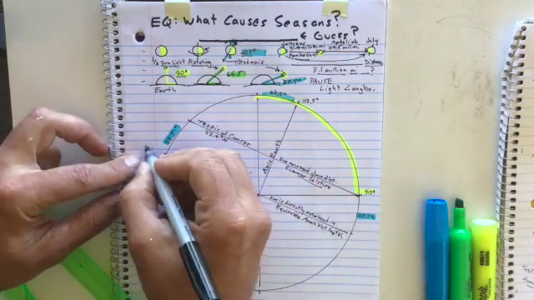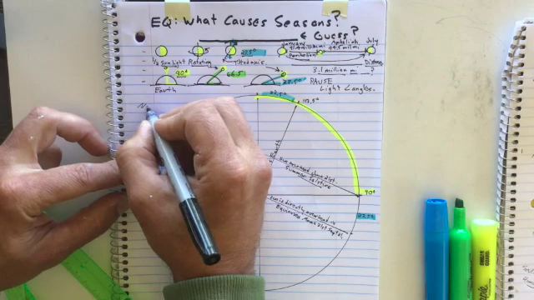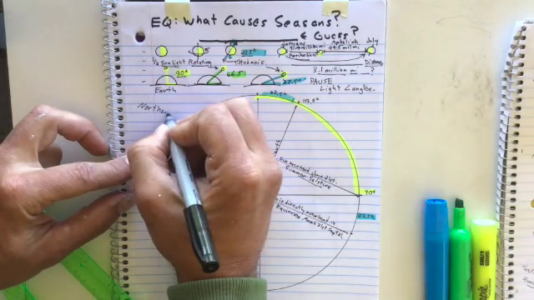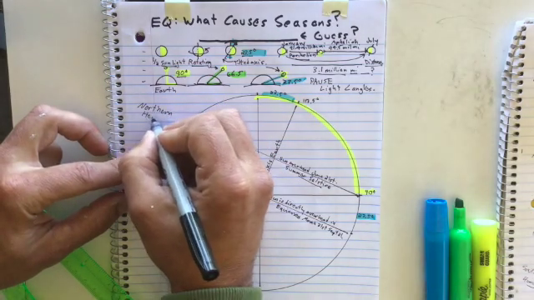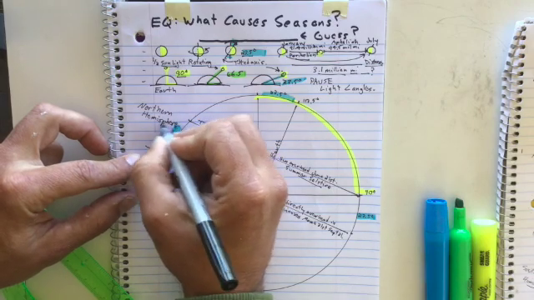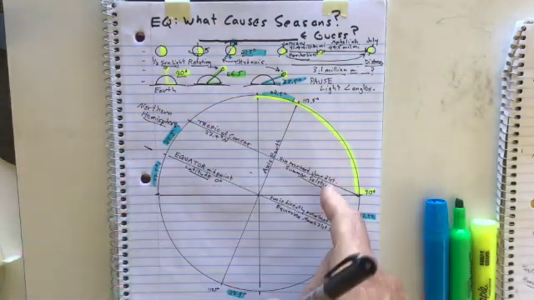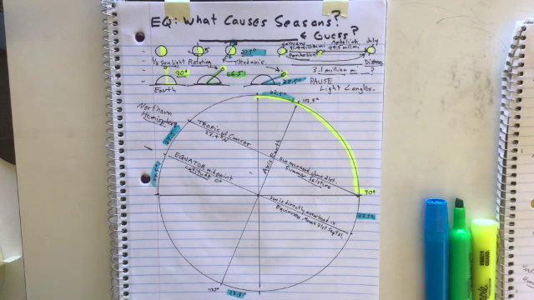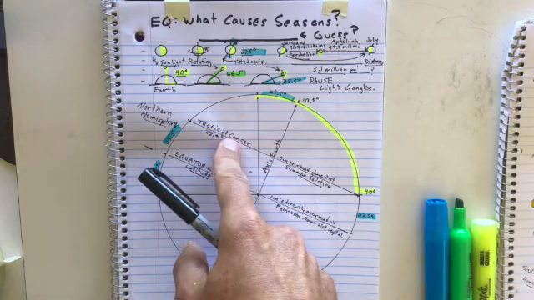So right up here, we've got the northern hemisphere. And again, that is our summer, most amount of daylight. So here's the Tropic of Cancer.